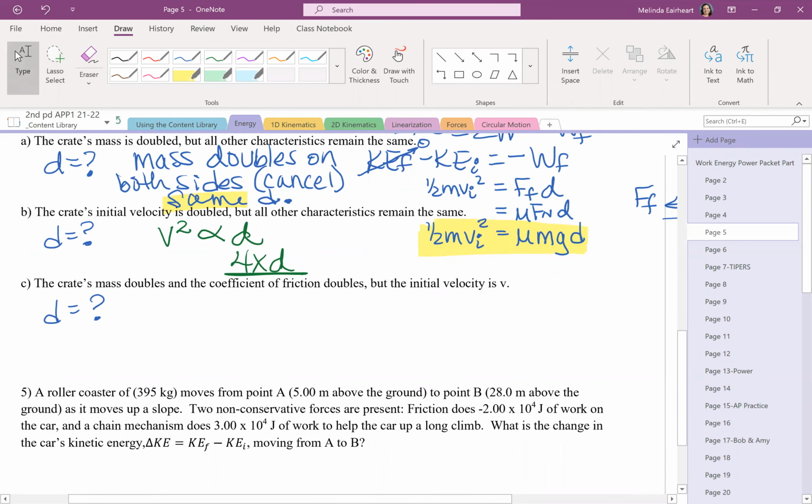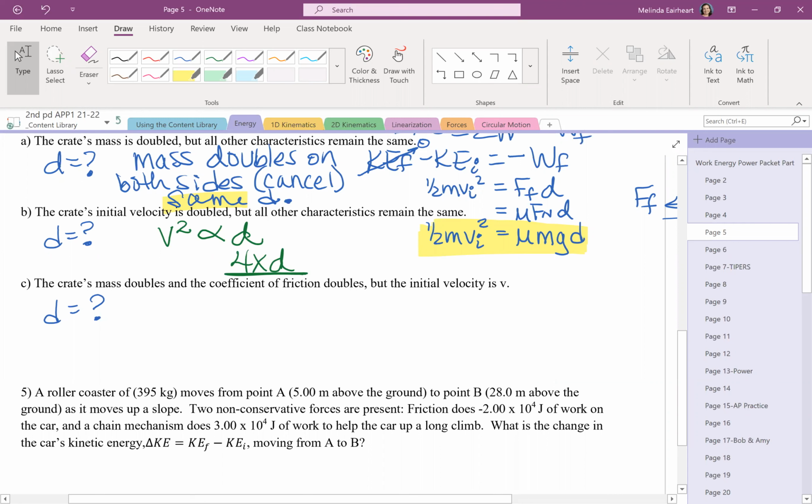Now C is going to get a little trickier because there's a couple changes, okay? And it says go back to the original velocity, V. And so here's where sometimes it's easiest to play the game of 1. So if everybody starts at 1, then we're going to double the mass and double the coefficient of friction.